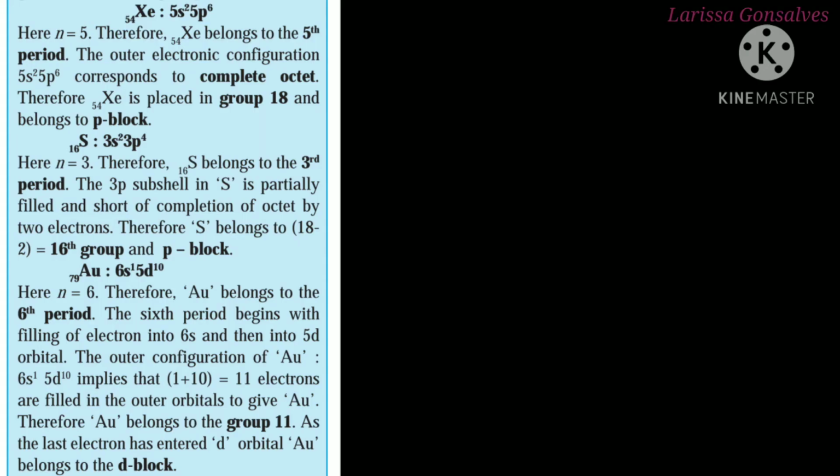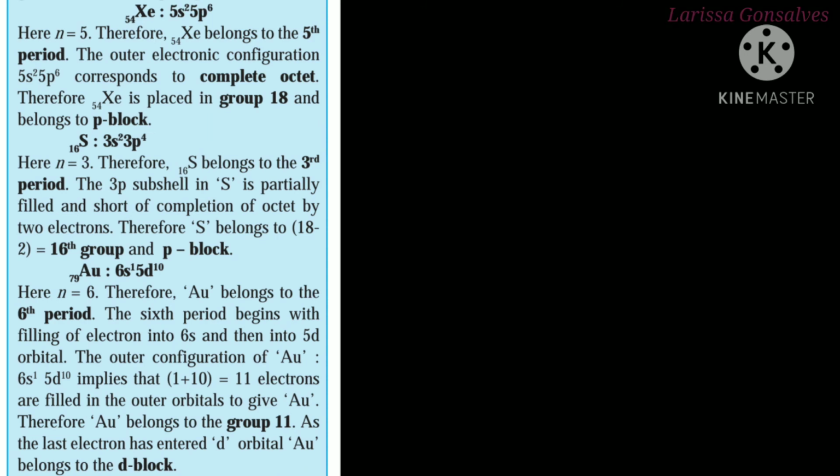Next is sulfur with atomic number 16 and the outer electronic configuration 3s2 3p4. Here n is equal to 3, therefore it belongs to the third period. The 3p subshell here is partially filled and short of completion of the octet by 2 electrons.